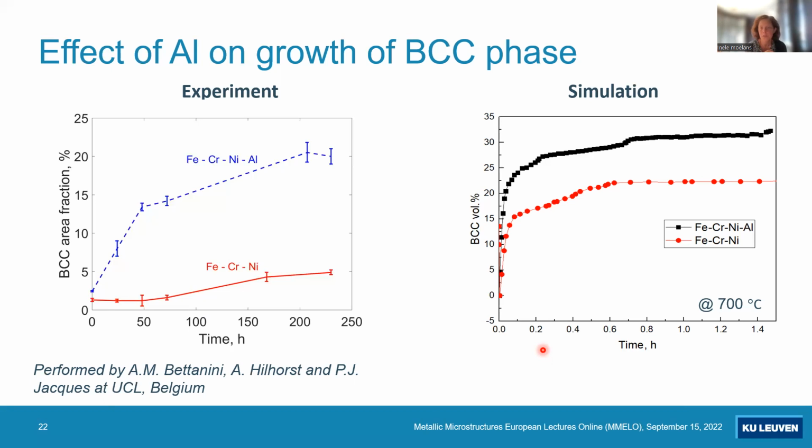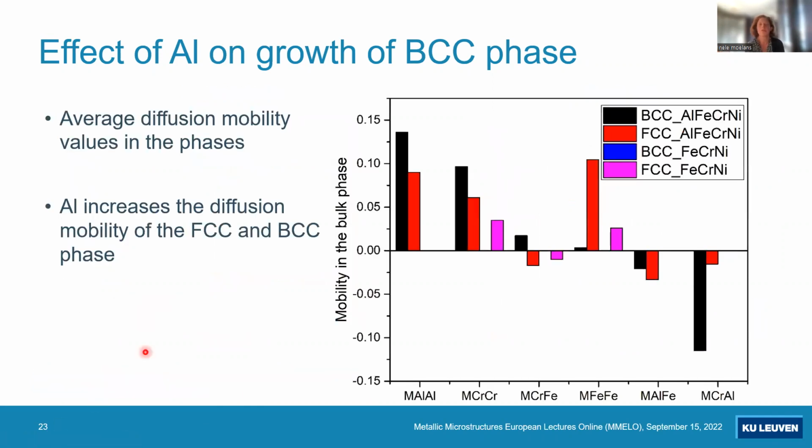And of course, there is the thermodynamic driving force. So if you do a calculation, you will find that the final volume fraction of the BCC phase is higher in the alloy containing aluminium than in the other one. But what we saw in our simulations is that not only the thermodynamic driving force is higher, but also the diffusion mobilities are higher in the alloy containing aluminium, although it's just a small amount of aluminium.